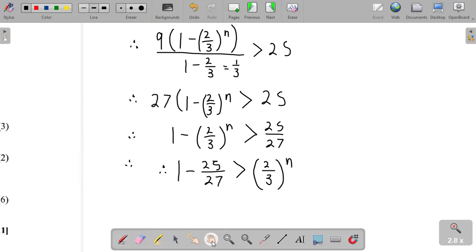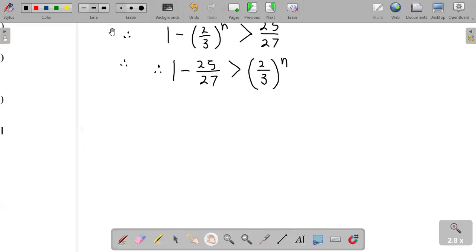I keep writing equal to, but it should be greater than.